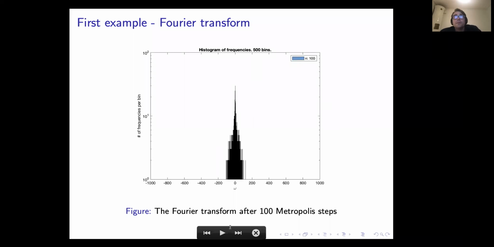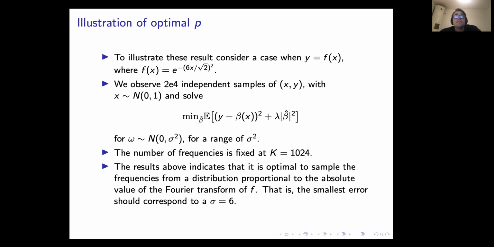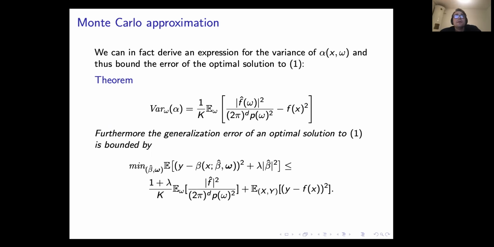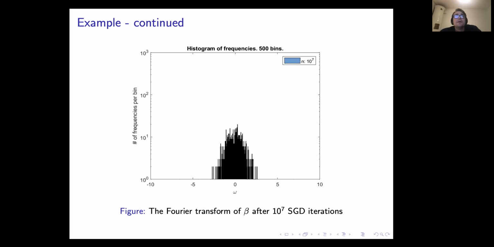We go 100 times, and you see here that there's significant mass all the way out to 100. Just for comparison, after about 1 million steps, the stochastic gradient descent transform looks like this.